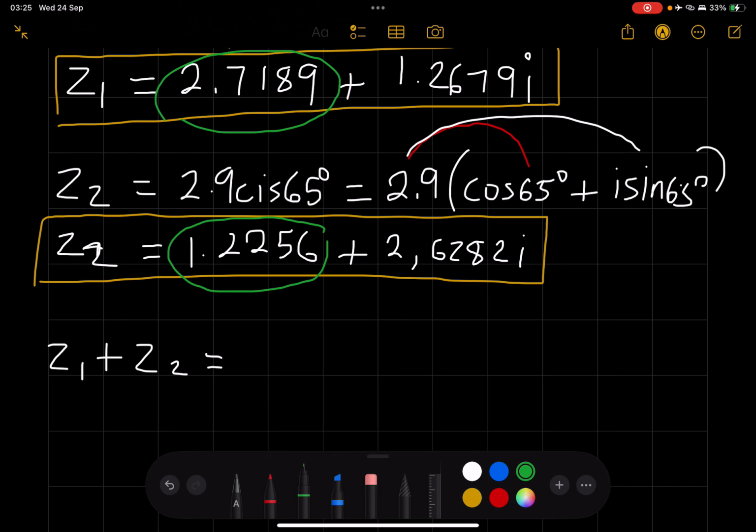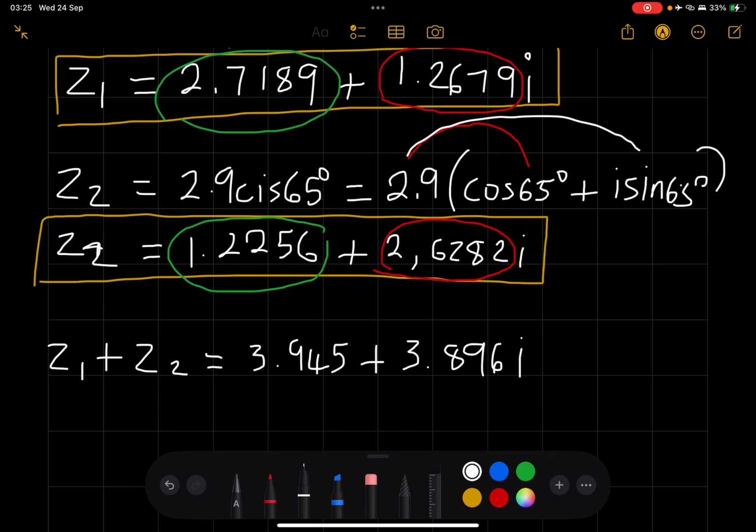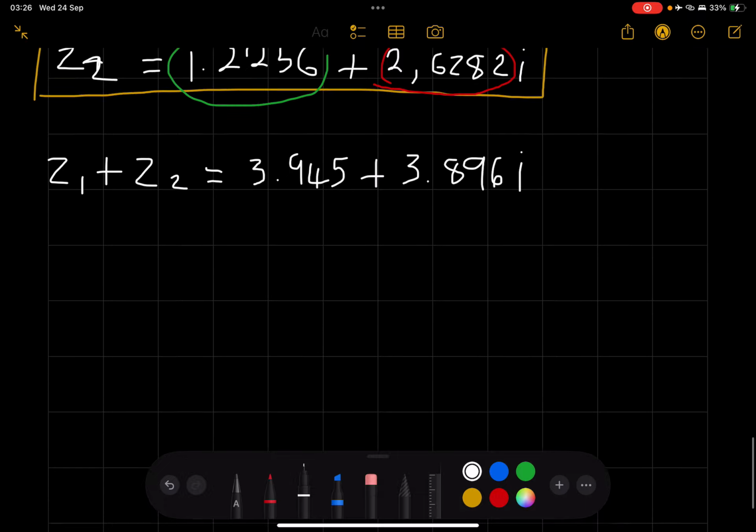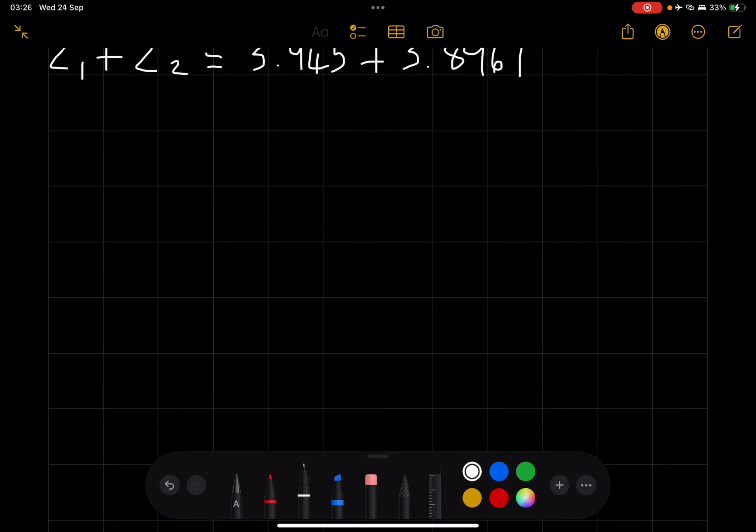And that will give us 3.945 plus, now we can add this part and that part, né? That gives us 3.896i. And you see, this is the final answer. We round off to 3 decimal places. Right, and then let's go on.